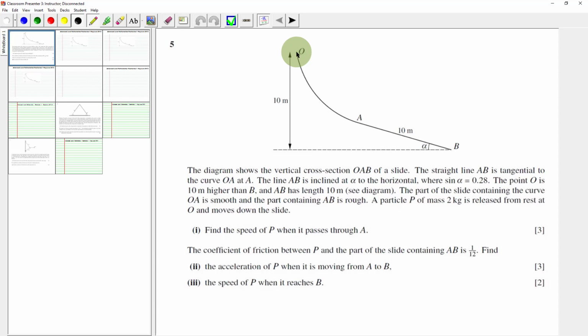Part of that gravitational potential energy will be changed to kinetic energy at this point, because there will still be some potential energy remaining. So what we need to do is look at the loss in gravitational potential energy, where we actually need this height from this point to this point in order to calculate that loss in gravitational potential energy. It will be equal to the gain in kinetic energy at that point.